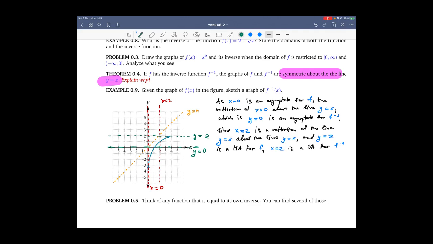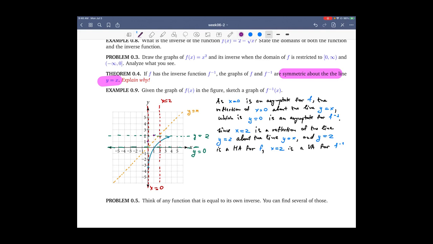Now, what will the graph of f inverse look like? Looks like 1, 0 is a point on the graph of f, so 0, 1 will be a point on the graph of f inverse. 2, 1 is on the graph of f, so 1, 2 will be on the graph of f inverse, and so on.